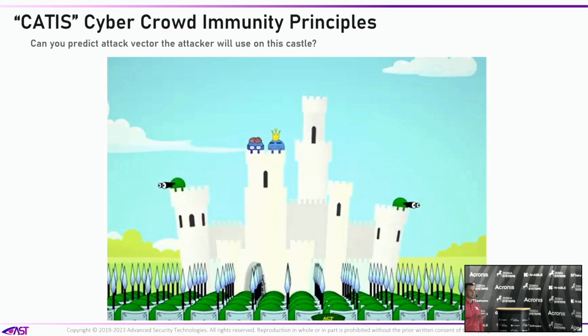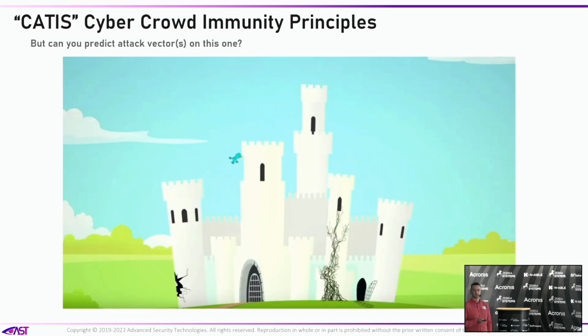No? Yes? Use Cloudflare. Okay, and what about this castle? Any ideas for this castle? How to penetrate this castle? Yeah. How to get into this castle? Yeah, that's exactly the point.